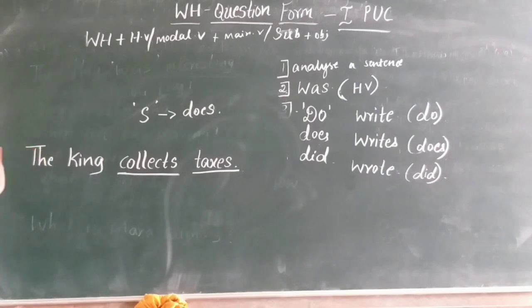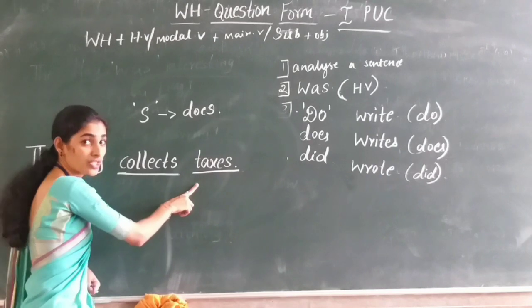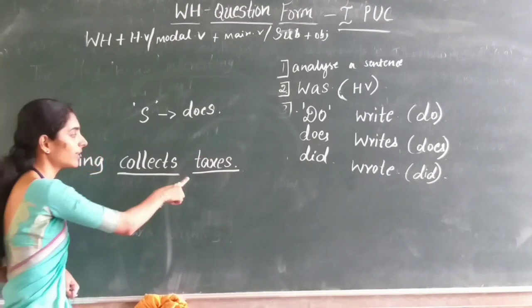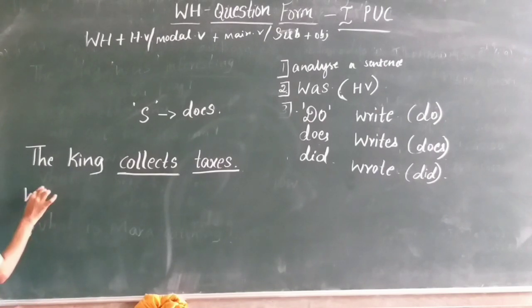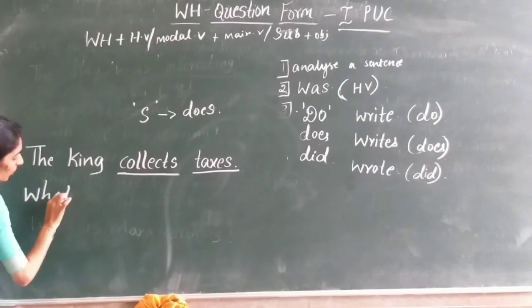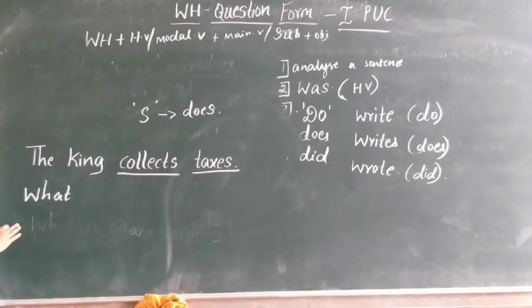Right. So this is very simple to identify. Now taxes. Which is the right WH word for this? Taxes. What? Right. We have written what, and after that there should be a helping verb.